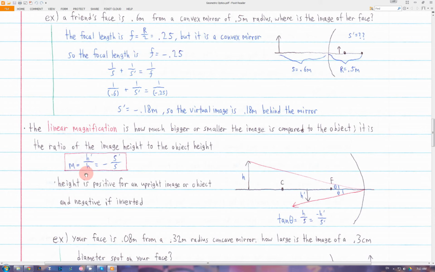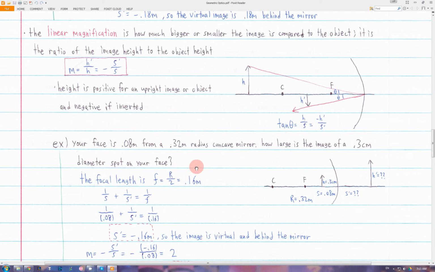For a plane mirror or a spherical mirror, the magnification is also equal to negative S prime over S. Obviously in a plane mirror, S and S prime are the same, so the magnification is 1, which agrees with what we already said, that in a plane mirror the object and image are the same height. For sign conventions, a height is positive for an upright image and negative for an inverted image.